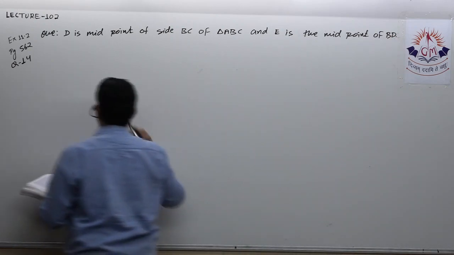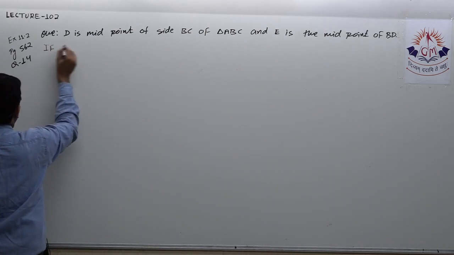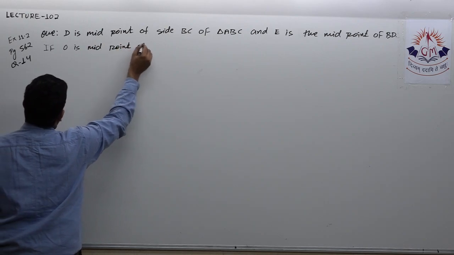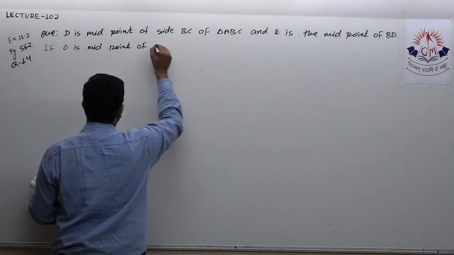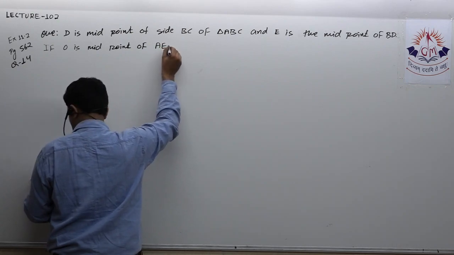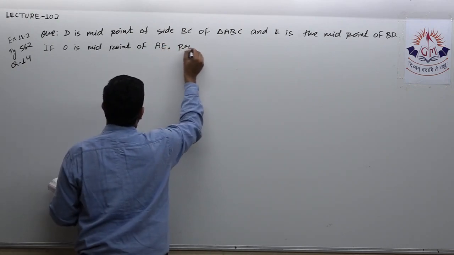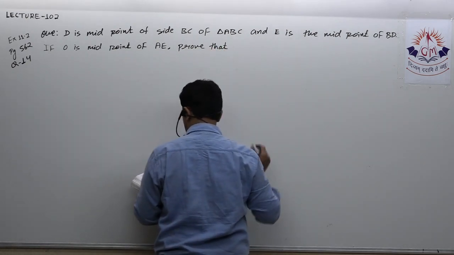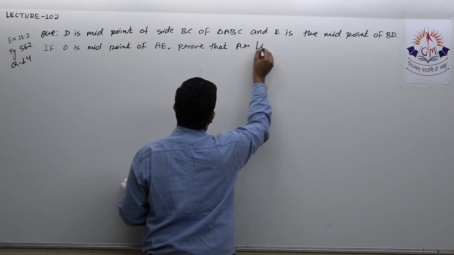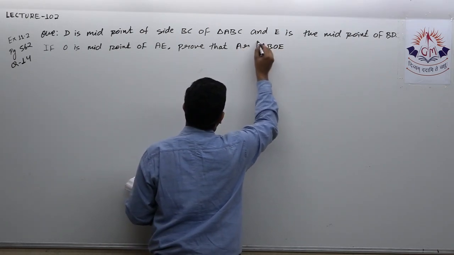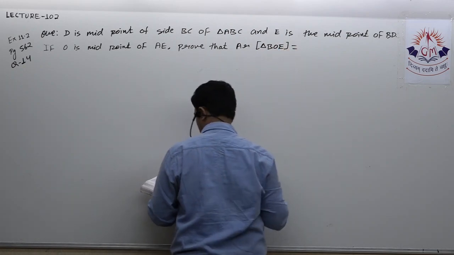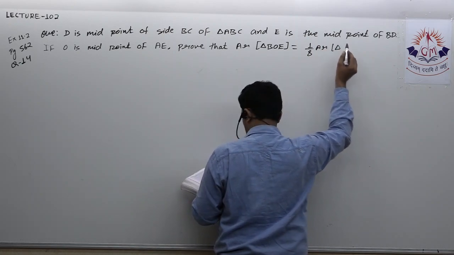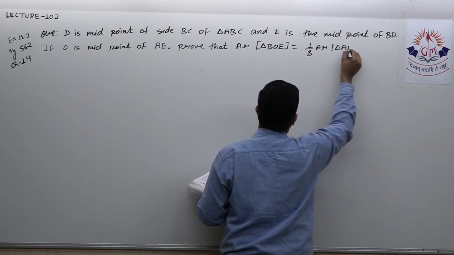If O is the midpoint of AE, prove that area triangle BOE is equal to 1 upon 8 area triangle ABC.